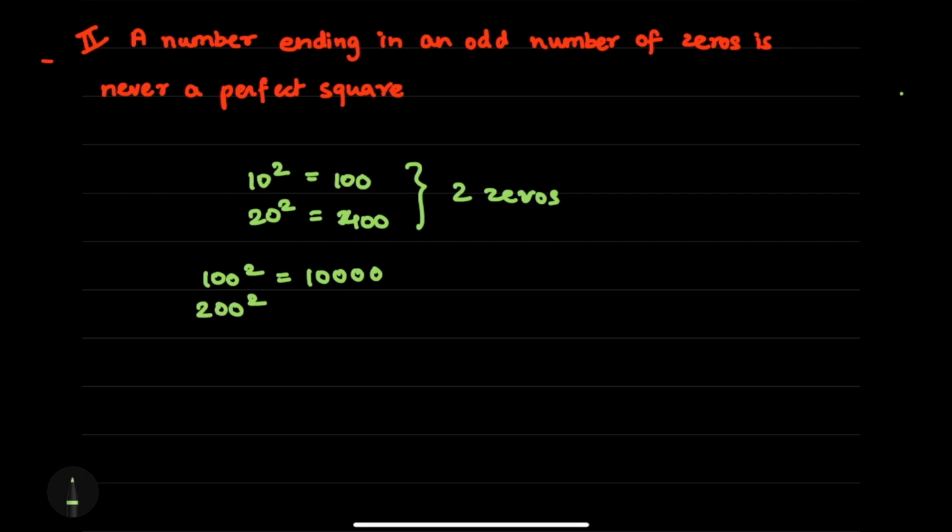And 200 square is 40,000 with four zeros behind it. So a square always has an even number of zeros behind it. But there are also some numbers which have an even number of zeros, but are still not perfect squares. Examples of those can be 300 or 60,000 and many more. So conversely, it's not true. We need to be mindful of what it is telling us.